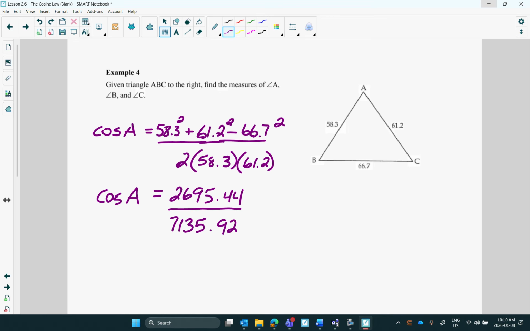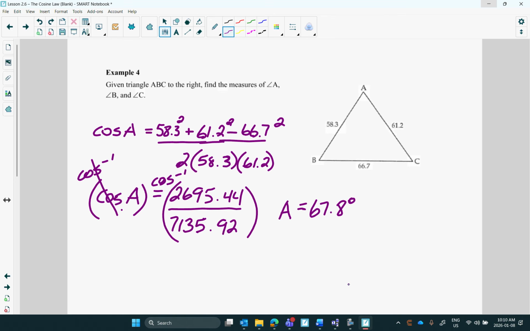So then, to find the actual angle, cos inverse both sides. So when I do that, take the cos inverse of this divided by this, I get 67.8 degrees. So that's 67.8.